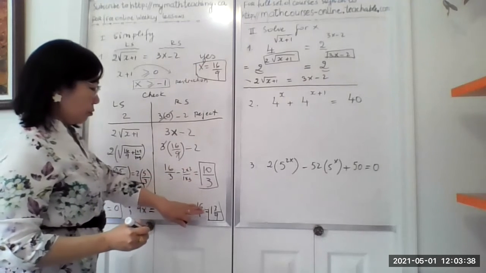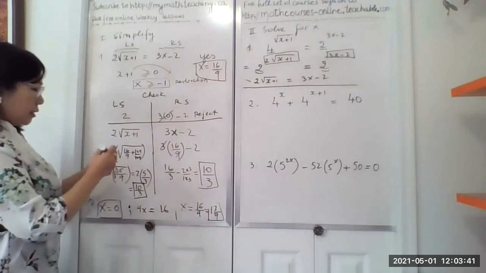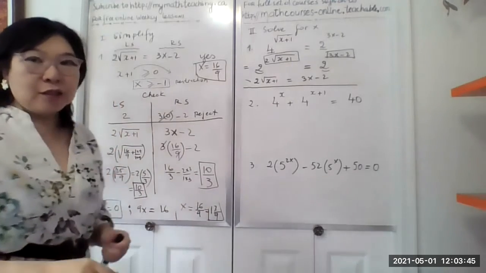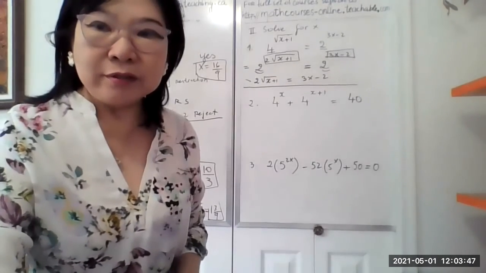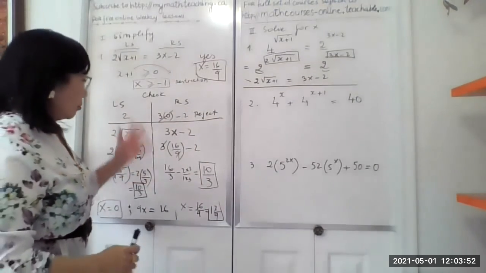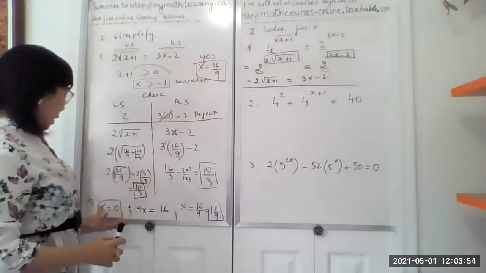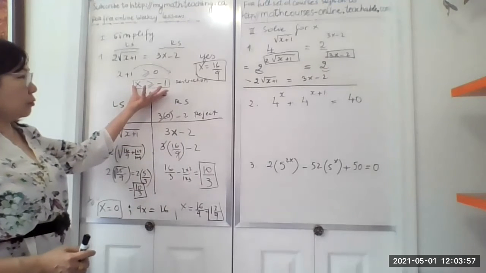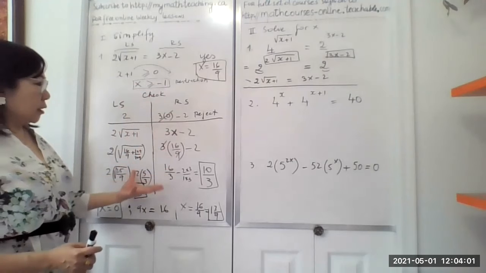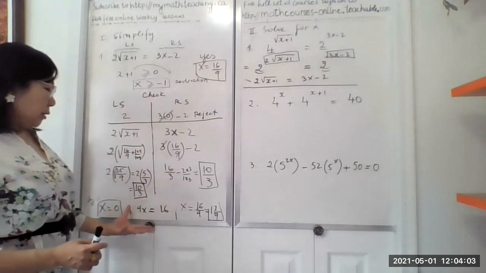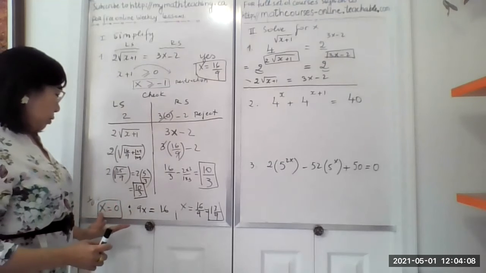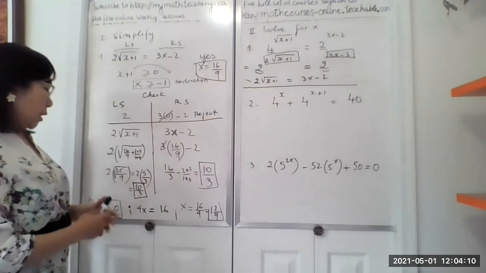So x will be equal to 16 over 9. That is the x value after we solve the radical equation. You can see that for a radical equation, we not only check the condition we first stated, we also have to check after we get the x values, to see whether both are okay or just one.